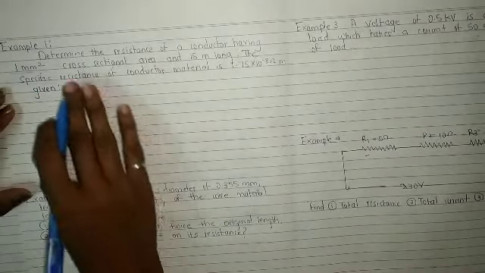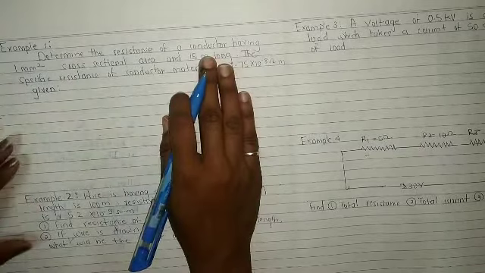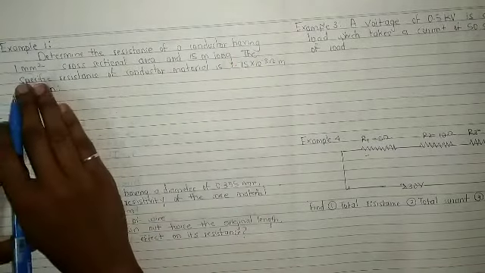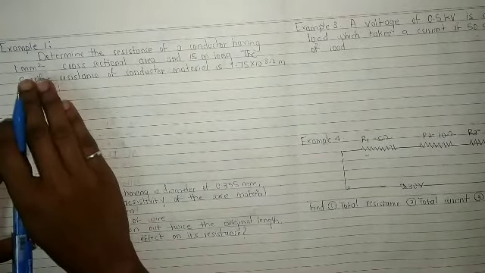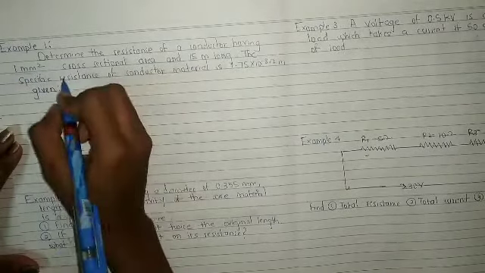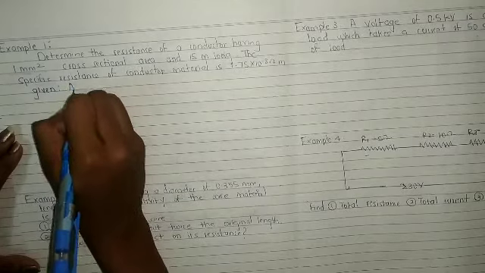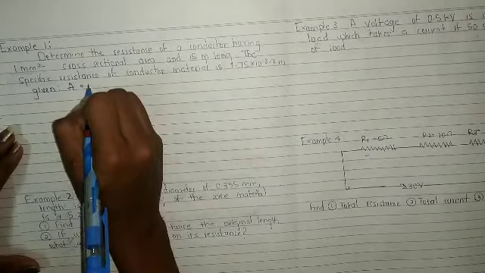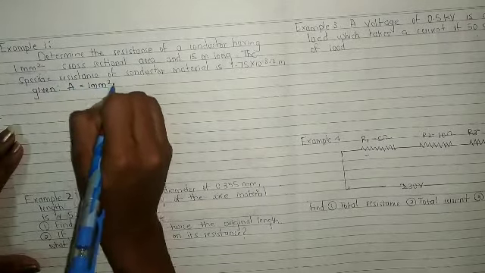Here we have a conductor having 1 square millimeter cross sectional area, so the cross sectional area is given by A is equal to 1 mm square.